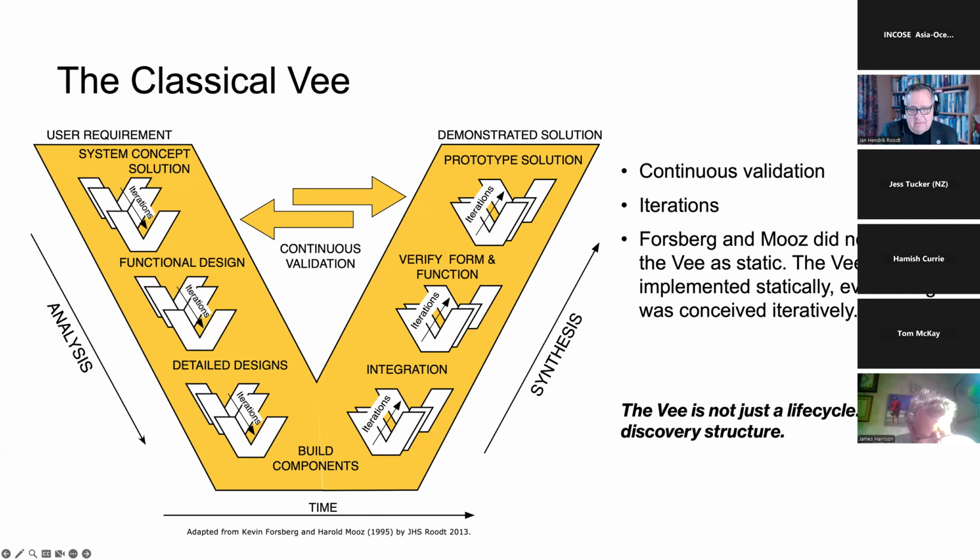And I was very clear in what I wrote around this drawing that the V is not just a life cycle diagram, it's a structure for the discovery of risk. And as I said, the original authors did not present it as a static process, but iteration and continuous validation are embedded in that diagram.